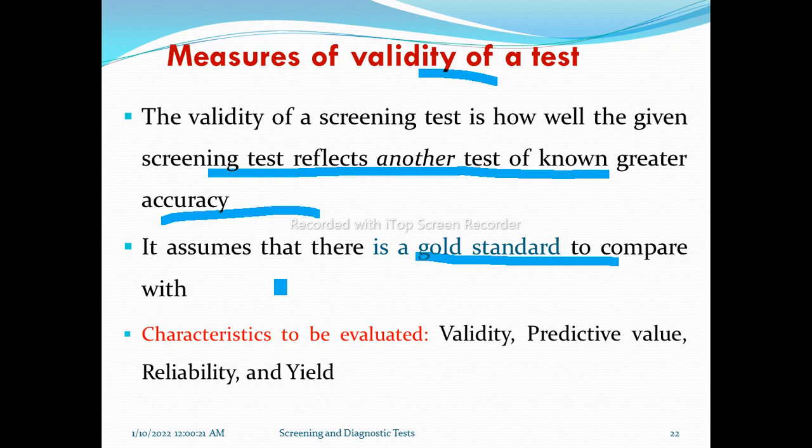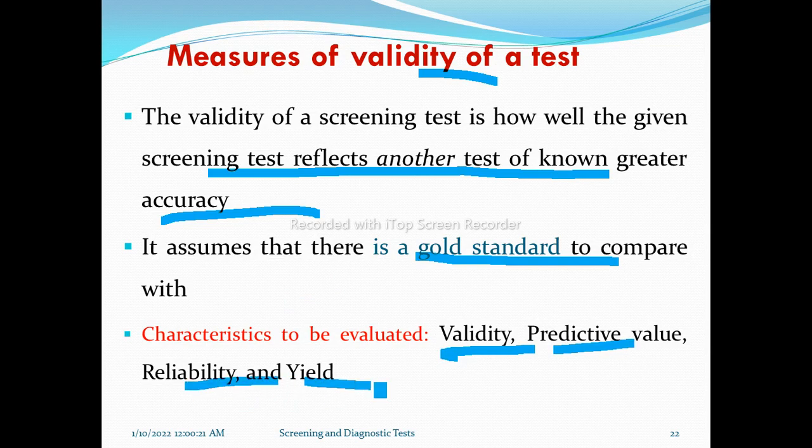Validity means how similar it is to the gold standard, or the diagnostic test. That means if the finding of the screening test is similar to the diagnostic test, which is the gold standard, we can say valid. So in this chapter we will see validity, predictive value, reliability, and yield.